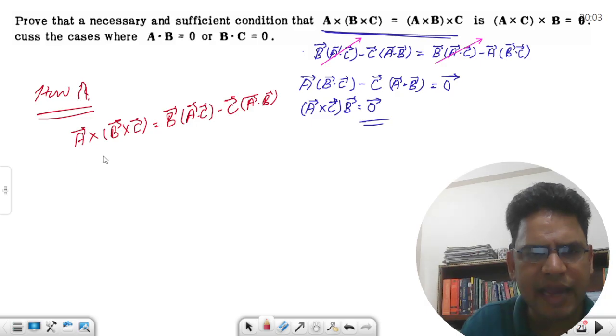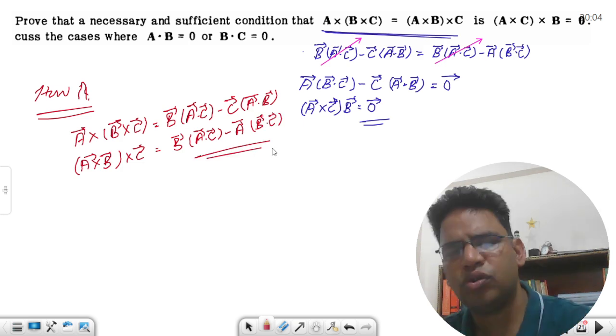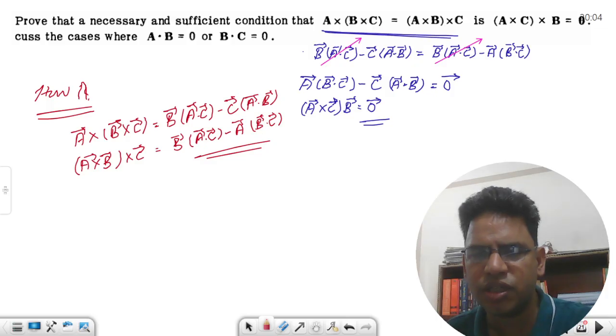Again, if you have A cross B first and then you have cross C vector, you can rewrite it like B (A dot C) minus A (B dot C). As simple as it is. I am using these two. These are the two results which I have used.